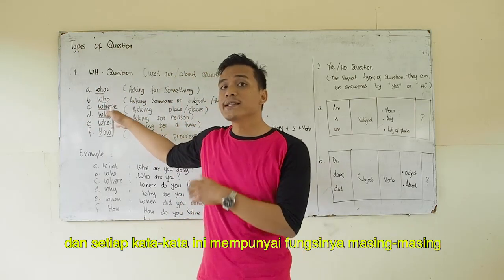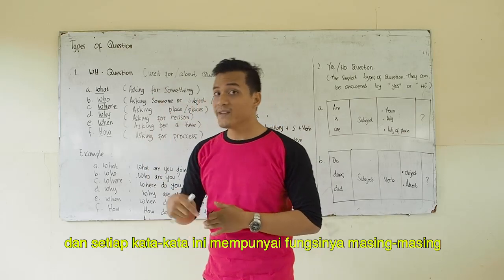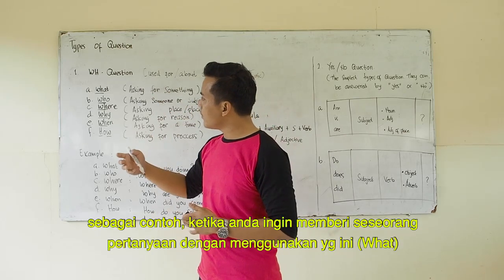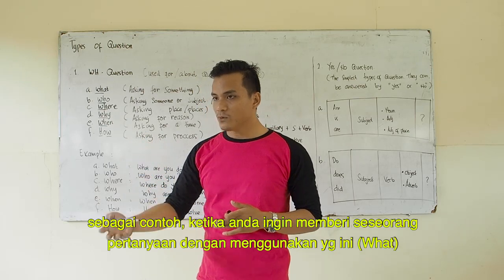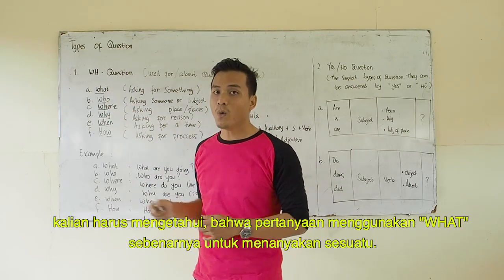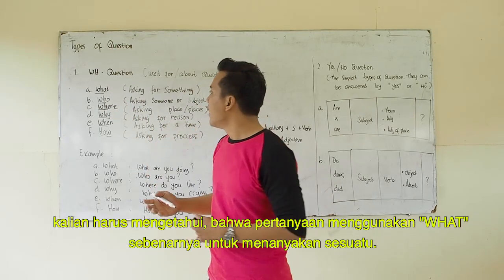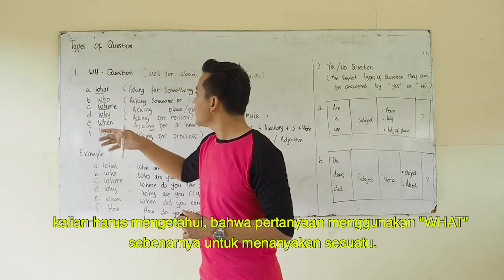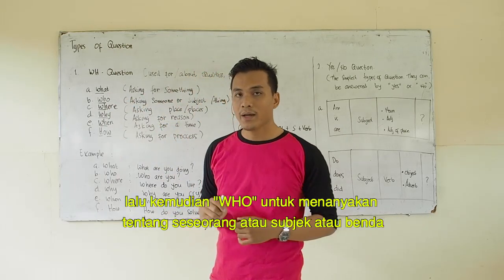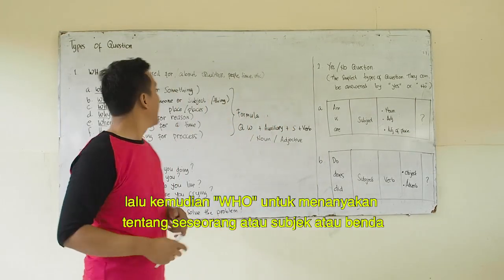And every word here has its own function. For example, when you would like to give someone a question using this one, what? You must know that what is used for asking something, and then who is for asking about someone or a subject or thing.